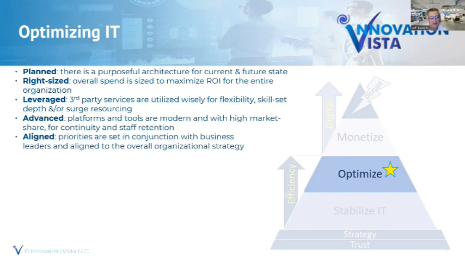Aligned. Are you aligned? So much ink is spilled every year on this topic, but it still is more difficult than people realize. So priorities have to be set in conjunction with the business. Sometimes set fully by the business. Sometimes IT is a partner, not a vendor, or not a sort of captive slave sort of relationship.